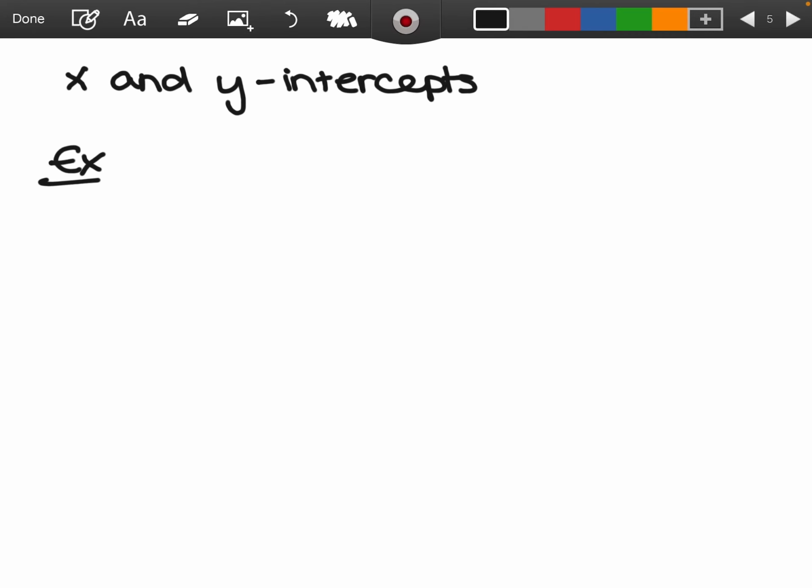The next thing I want to look at is the x and y intercepts of a rational function. A quick example that I'm going to look at for these x and y intercepts is a very simple rational function, just 1 over x. Again, both your numerator and denominator are both polynomials.